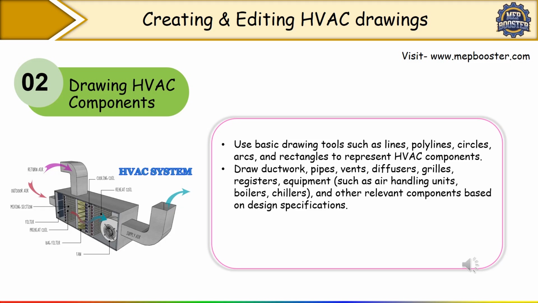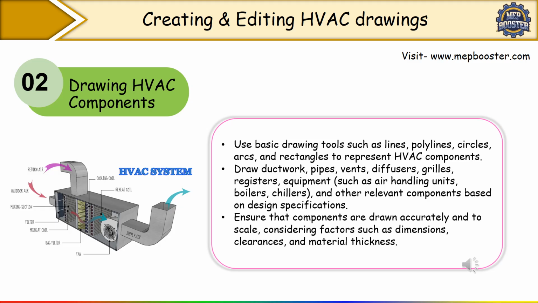So draw ductwork, pipes, vents, diffuser, grills, register, equipment such as air handling unit, boilers, chillers and other relevant component based on design specification. Then ensure that components are drawn accurately and to scale considering factors such as dimension, clearances and material thickness.